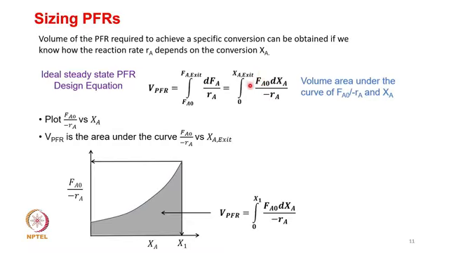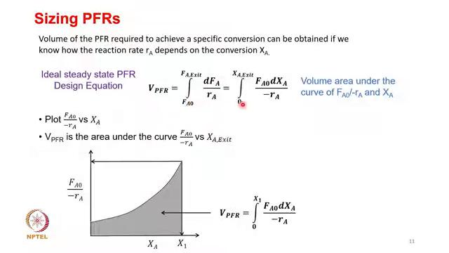So you can take the FA naught out, and the differential term dFA would be replaced by dXA, because the variable is changed, and there would be a minus sign here. You see that the integral is also updated. Previously the variable was dF, now it is dX.